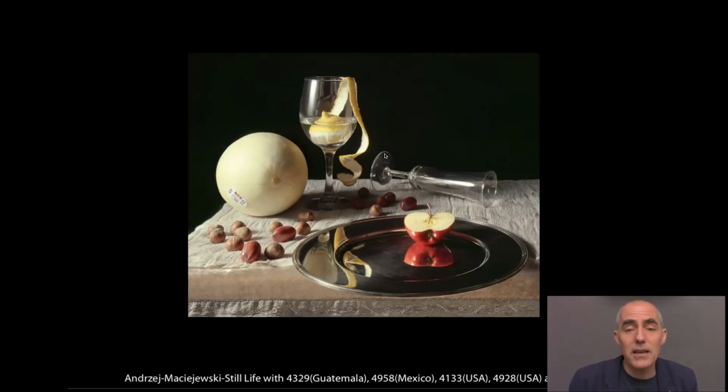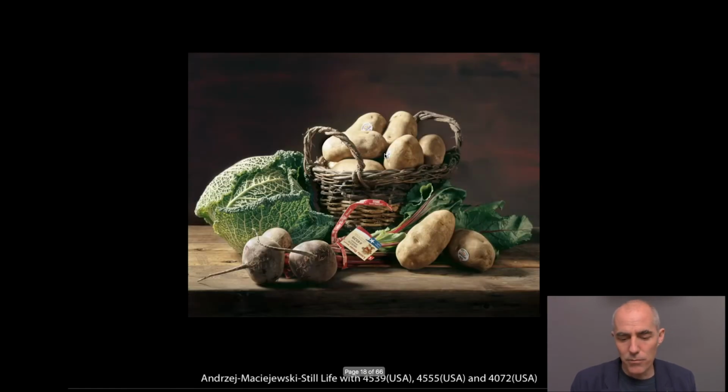But again, he, like the previous artist, is working with this language of a classical still life, with this big window light, this very delicate modeling, and this very deep, rich black background behind it. The materials, right? Glass, silver, linens, wood.